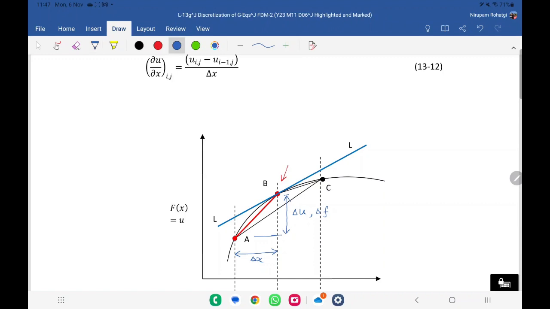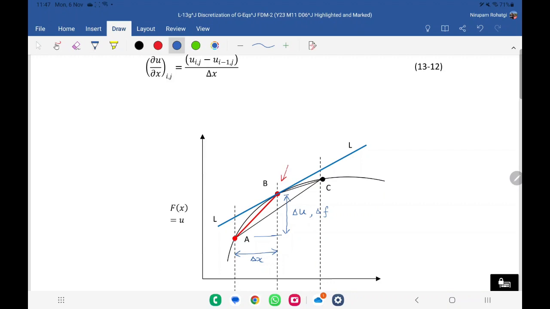So here what we are doing, we are approximating the slope with a line drawn between a previous point and a current point, and we draw a slope.